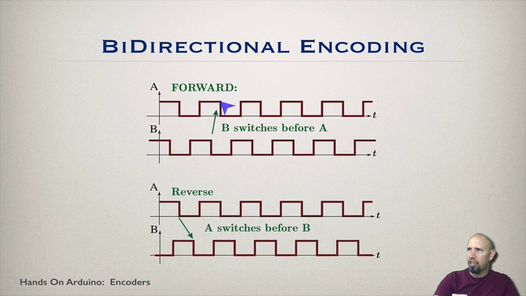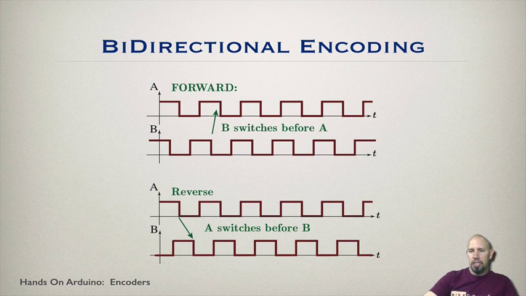This downward transition occurs before this downward transition. And so that would tell us that we're going in the forward direction. In the reverse direction, okay, A downward transition occurs before B downward transition. And so it's just the opposite. So that's how we would keep track of, that's how the encoding is set up.